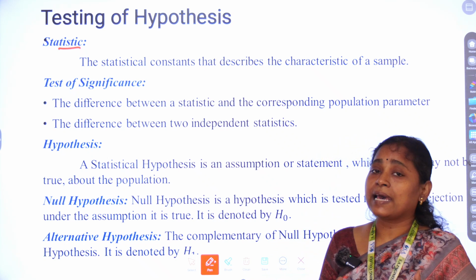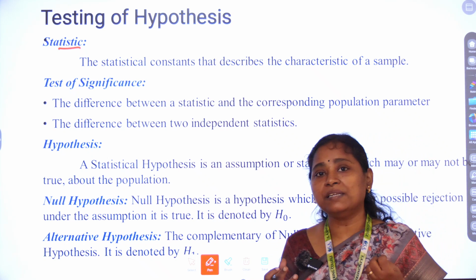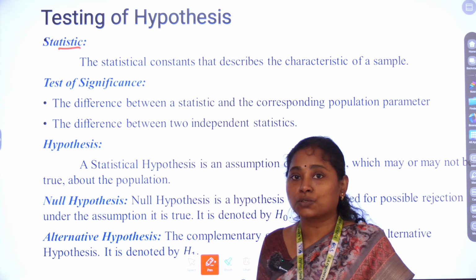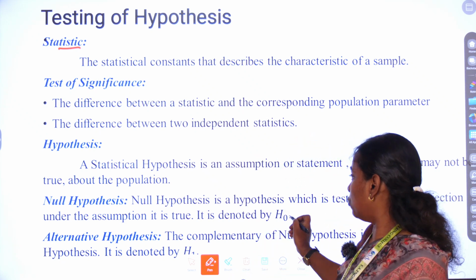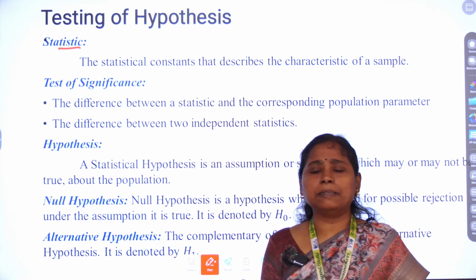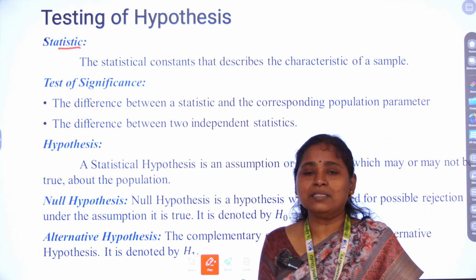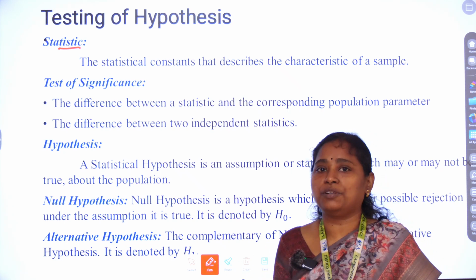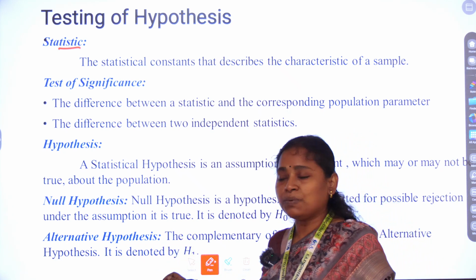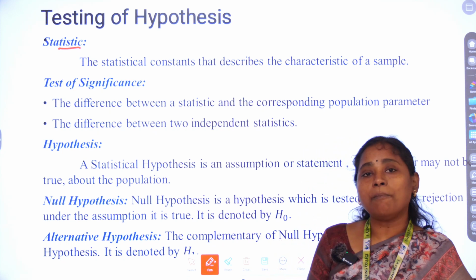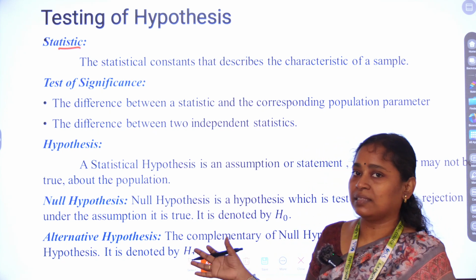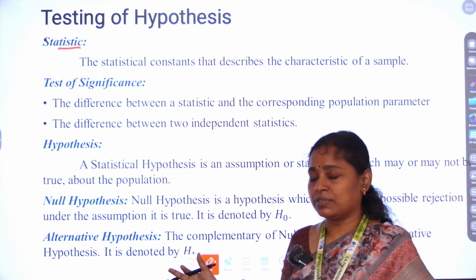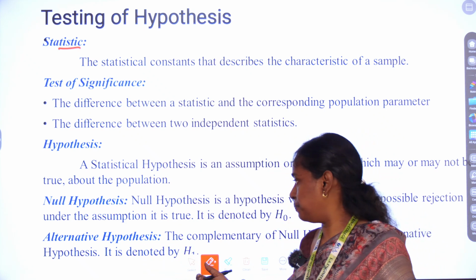Null hypothesis is a hypothesis which is tested for possible rejection under the assumption it is true, and it is denoted by H0. To put it simply, null hypothesis means there is no difference. Null means what? There is no difference, right? And the next one is alternative hypothesis. The complementary of null hypothesis is nothing but your alternative hypothesis. It is denoted by H1.